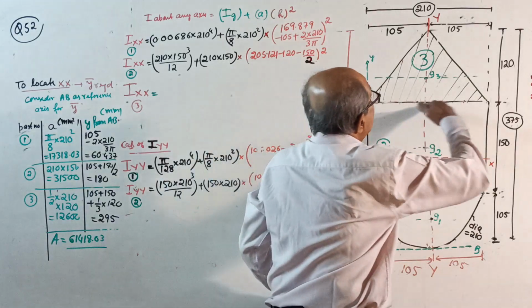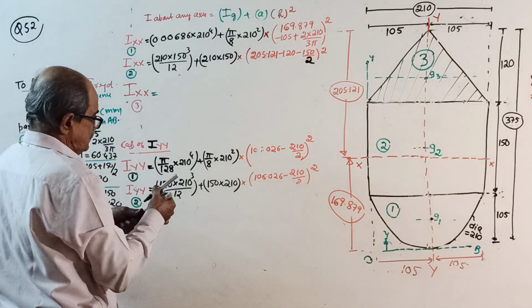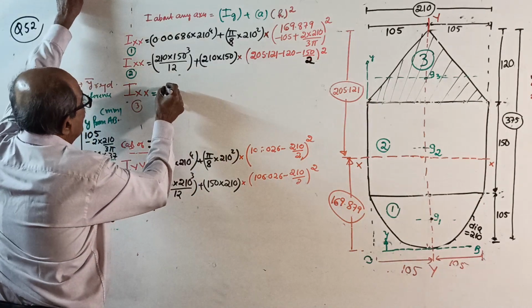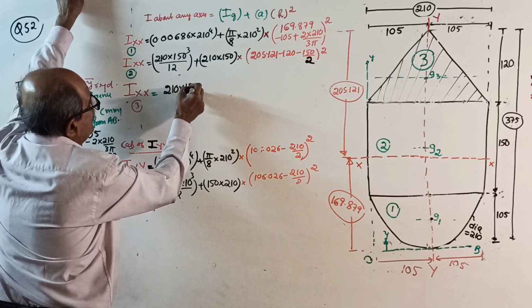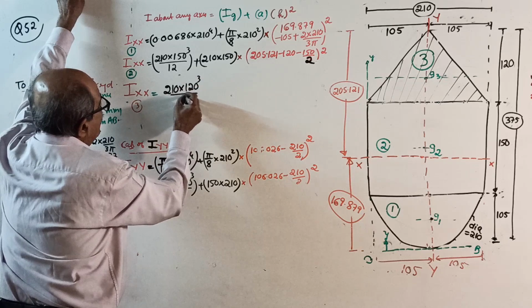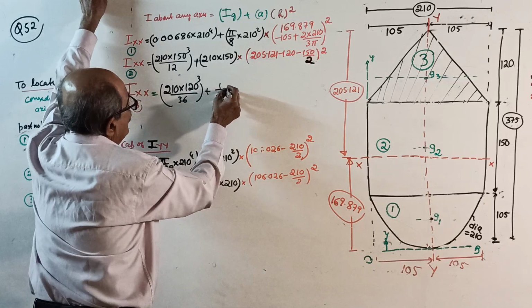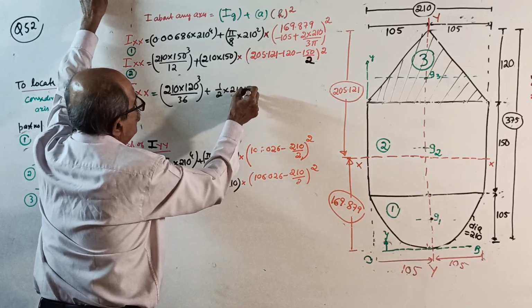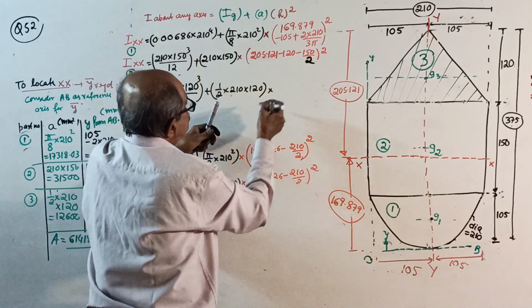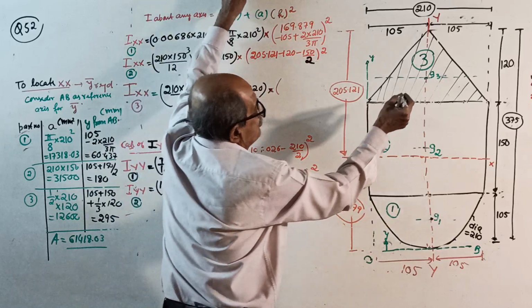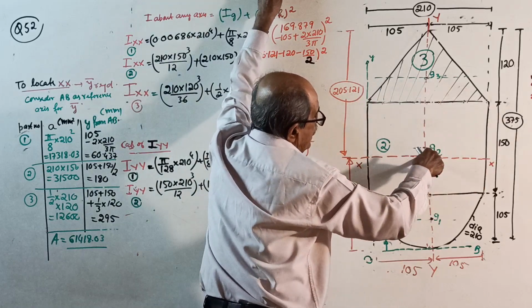So base is 210. This all told many times earlier. 210 into 120 cube divided by 36 is IG plus half into 210 into 120 is the area into, from centroid to XX, this distance square.